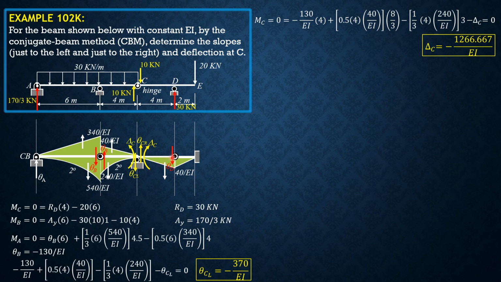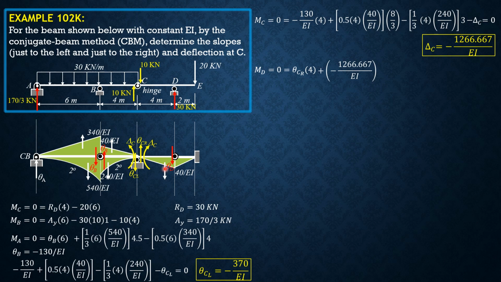So we sum up moment about D equals 0 considering CD. M_D equals 0, clockwise positive. So theta C right times 4 plus delta C, which is negative 1266.667 over EI.